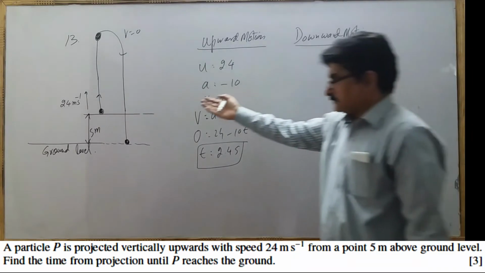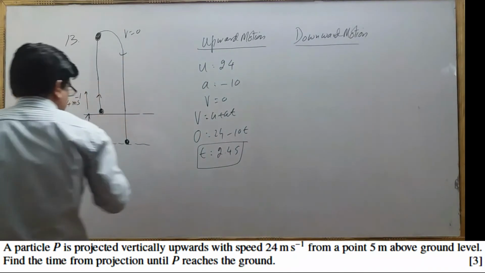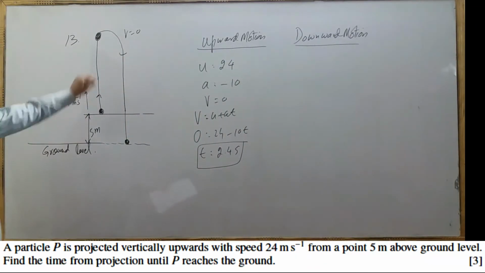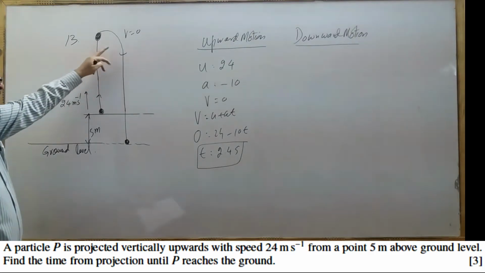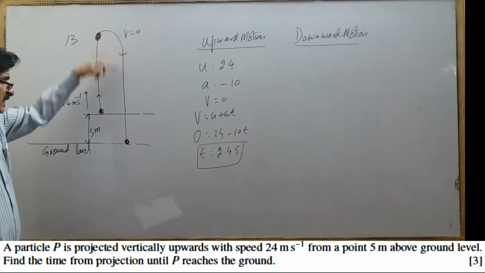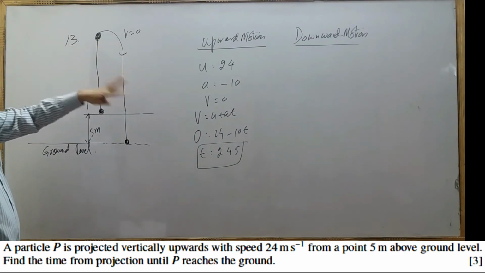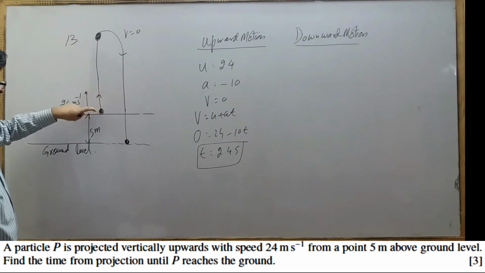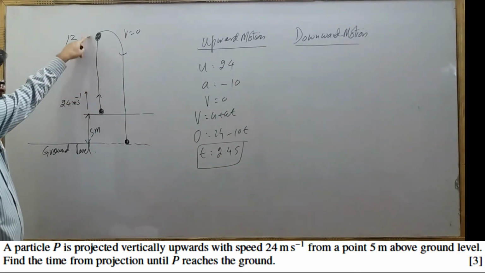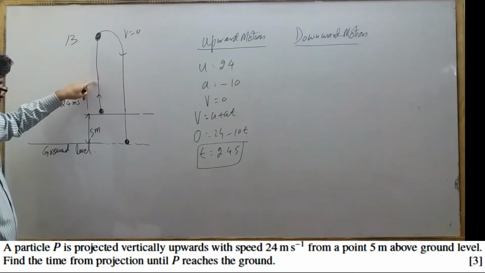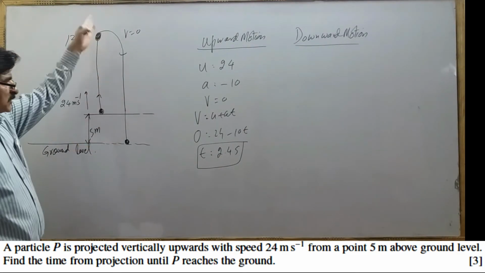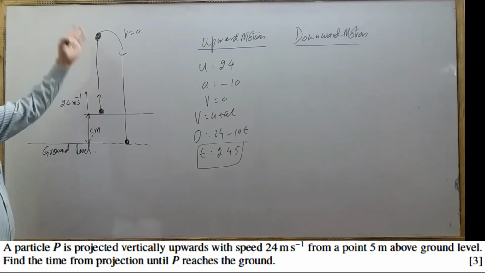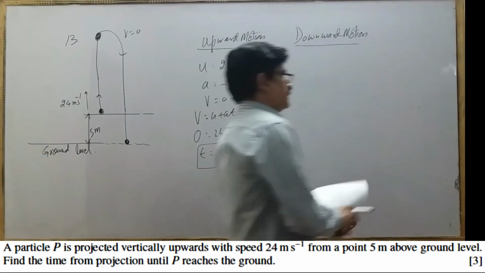We don't know the velocity over here. To find this time we need a third quantity. For that I find the distance during upward motion, add 5 to it, and we will get the total distance. In this way we can find the time.